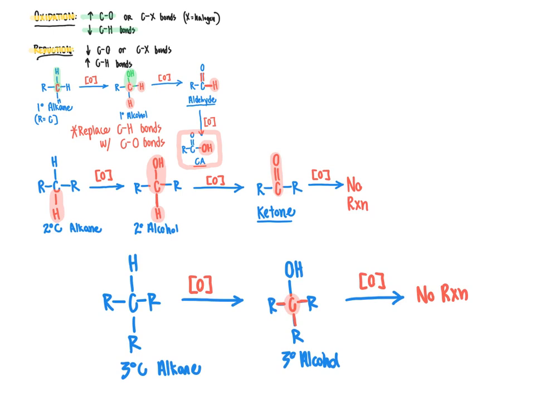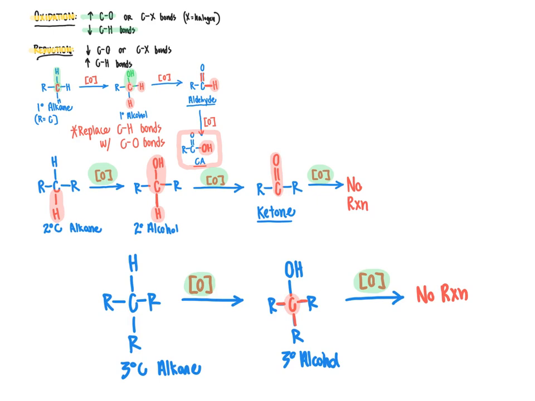So far we've been talking really generally about oxidation, with our mindset that we're replacing carbon-hydrogen bonds with carbon-oxygen bonds. What we're going to do in the next unit is take a look at more specific details of how we can go about these oxidations. In other words, what specific oxidizing agents would we use here, rather than just putting O in brackets to indicate that oxidation is happening.